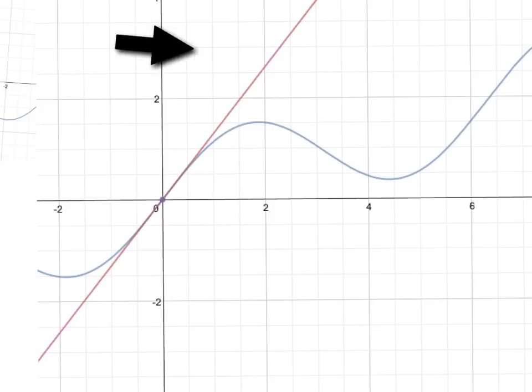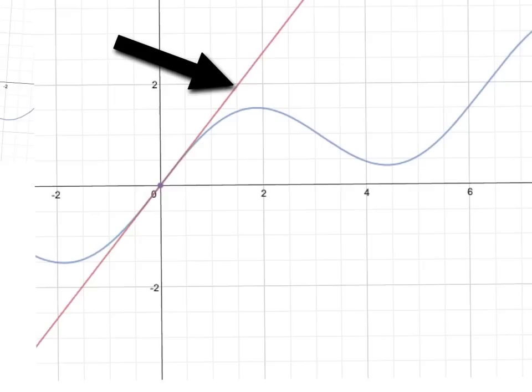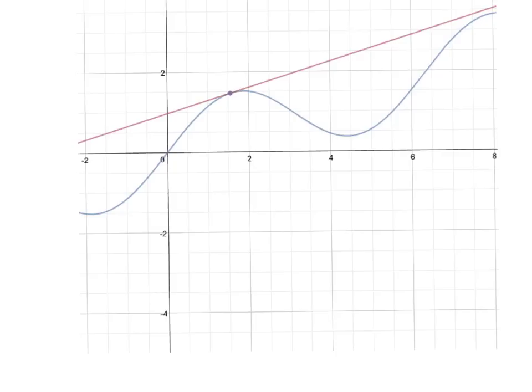The tangent to the curve is red, and the point just moved around. And the point right here is the purple point. Think about whether the line tangent to the curve has a positive slope, a negative slope, or a zero slope, and what that means about the function.